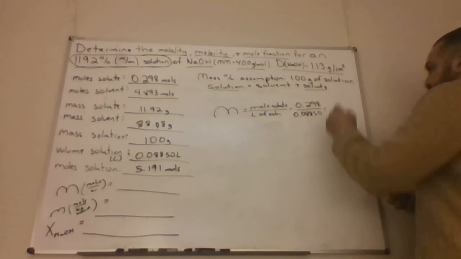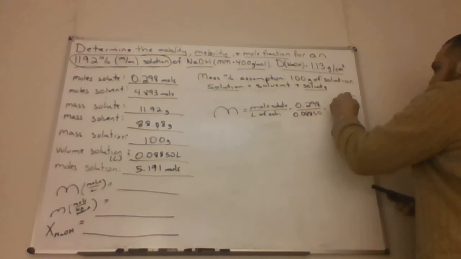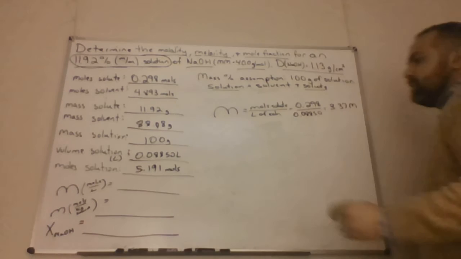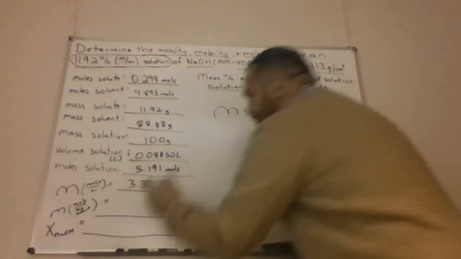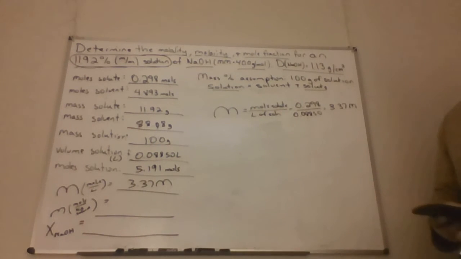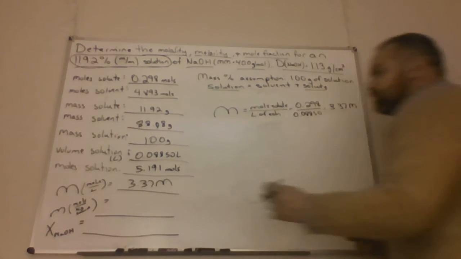And the molarity is 3.37 moles. I'm not a big stickler for significant figures. As long as you put it to the hundredth place, that's good enough for me. So this is the molarity of the solution.